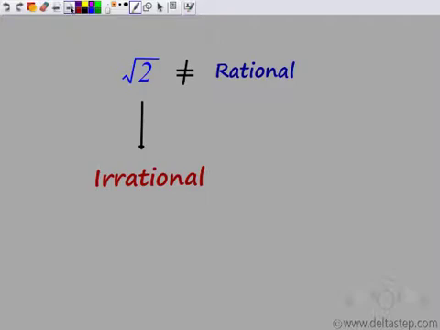Now irrational numbers, when they tried to convert an irrational number into decimals, what they saw was that the digits do not terminate. It's a non-terminating decimal. But with non-terminating, what we see is that the digits do not repeat in a sequence also. So let's look at this.